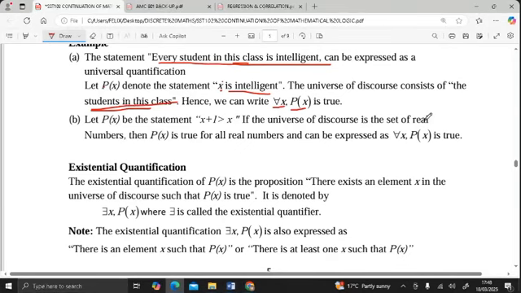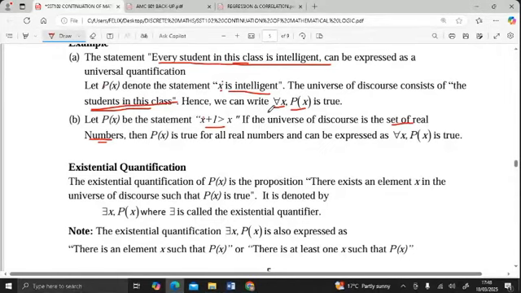X represents the student. Therefore, the universe of discourse consists of the students in the class. That is where we get a member of x, we get it from the class. And therefore, for every x, P(x) is true, as far as this statement is concerned.